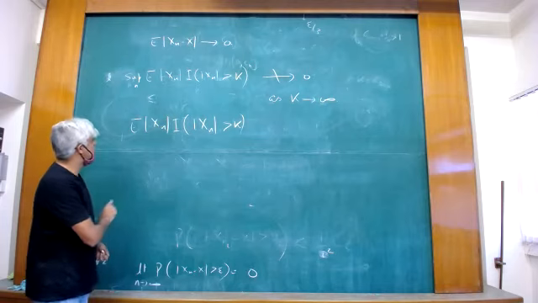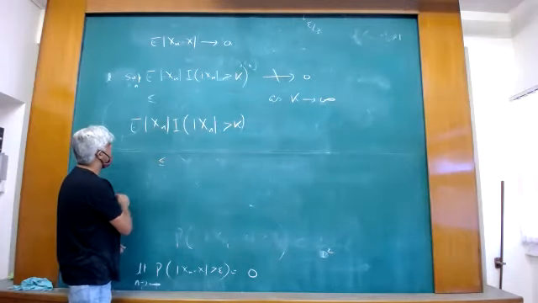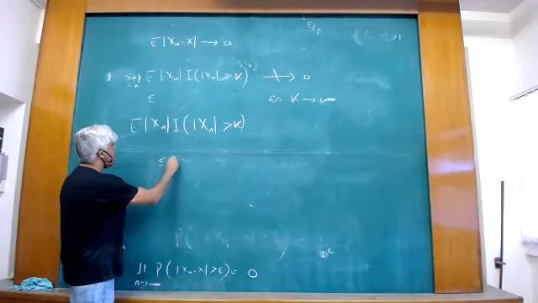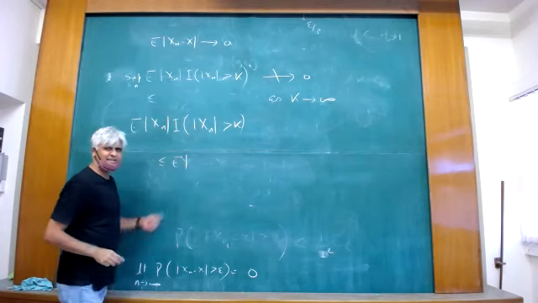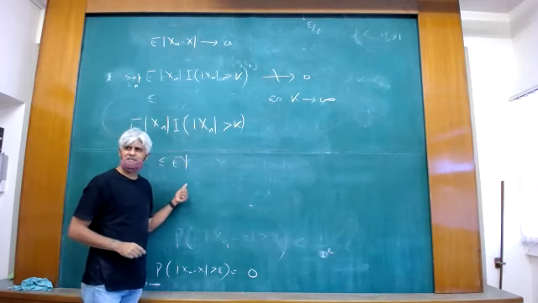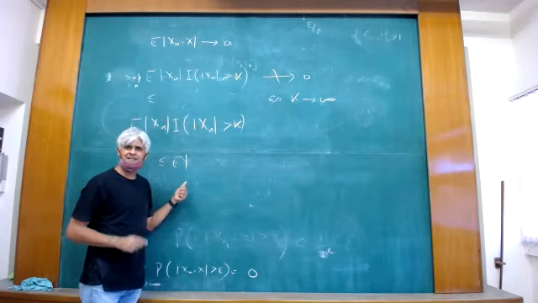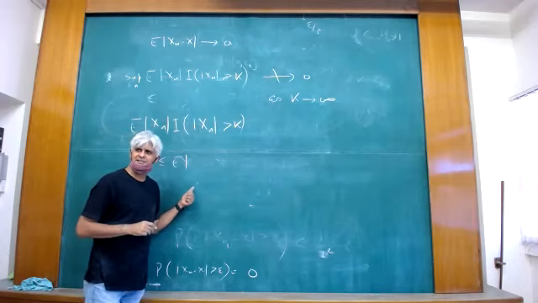So there I observe that I can upper bound this by E of X, indicator of Xn greater than k, plus something. So I'll give you the proof from David Williams, and you'll see it's not trivial. And then you can think of an alternative proof.